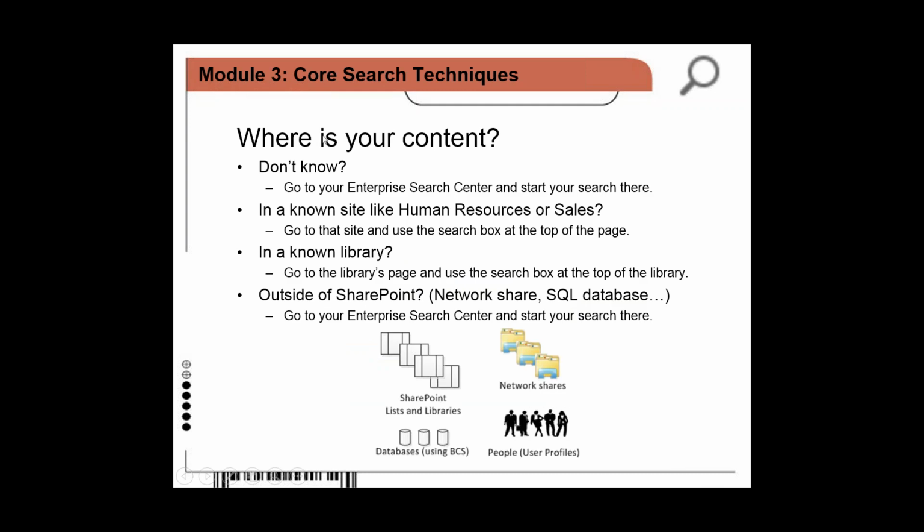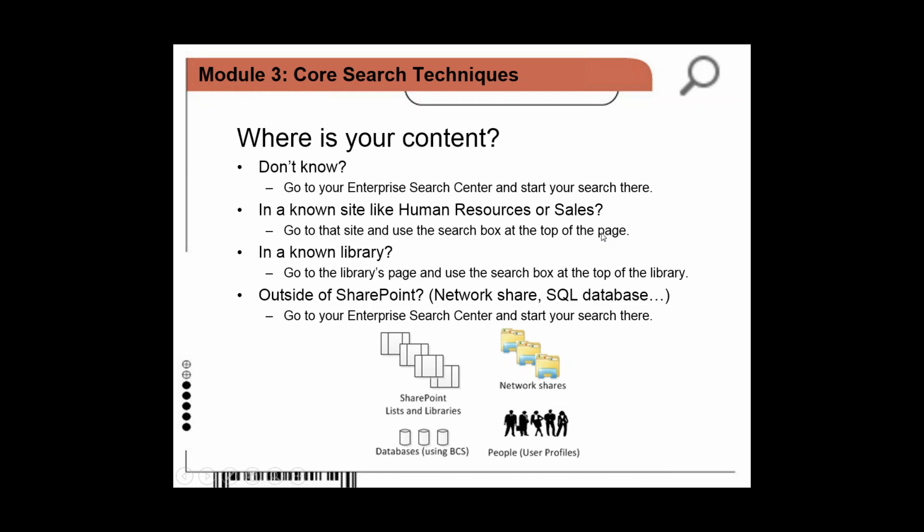So how do you start your search? Where do you go first? If you don't know where the content is in the organization, I want to find the employee manual, but where is it? You would probably go to the Enterprise Search Center and start there. If you know that the employee manual is inside of the Human Resources site, you'll get better results by going there and starting your search at the top of the page there.